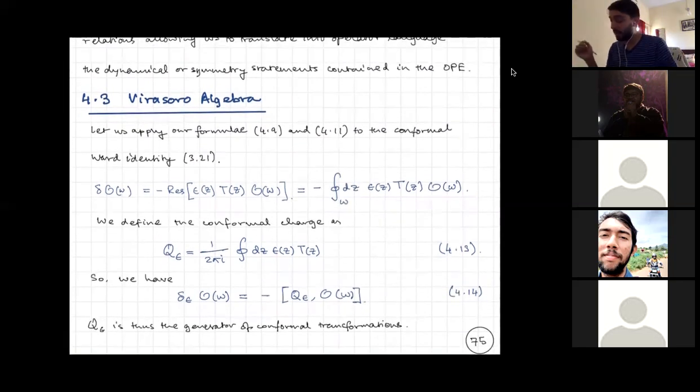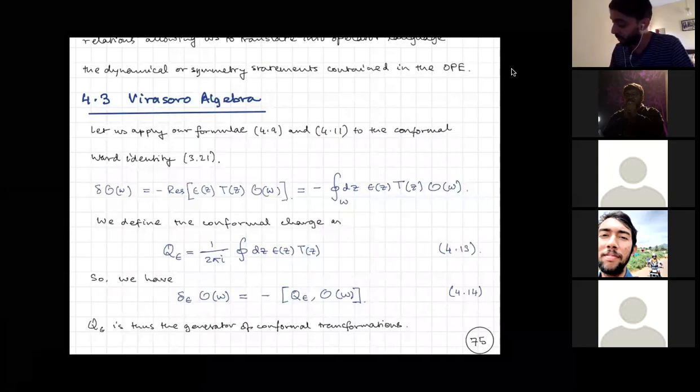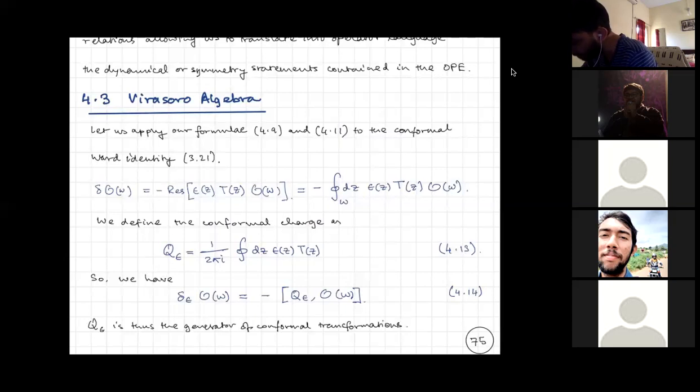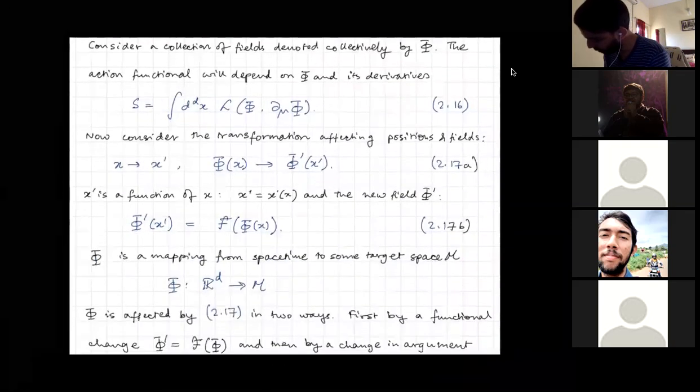If you remember our earlier definition of generators of symmetry transformations that we did a while back, you would remember that if you have some symmetry, let's see if I can bring this out for you. This is exactly what the definition of a symmetry was.